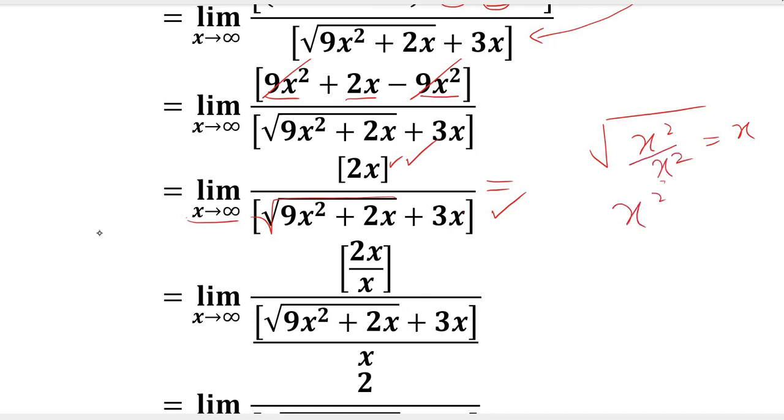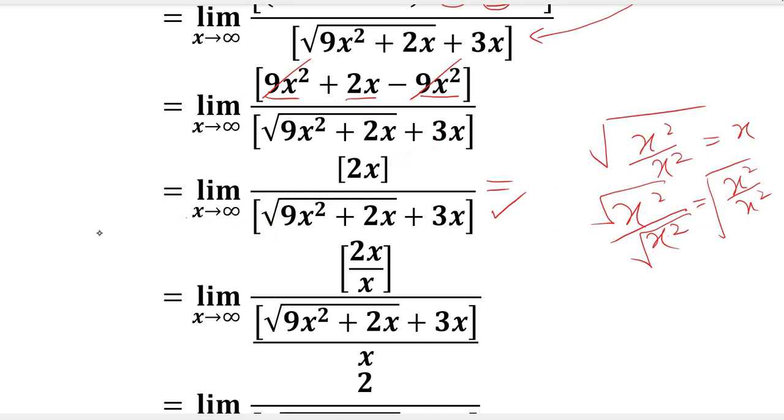So if I divide this by x, I can write x as the square root of x squared, because the square root cancels the square and we are again left with x, right? Now I can take the square root common, so x squared divided by x squared. Since x approaches positive infinity, we take a positive x. In case x were approaching negative infinity, we would divide by a negative x.